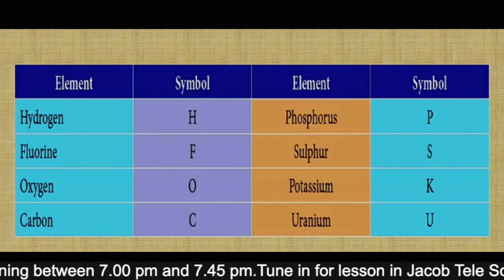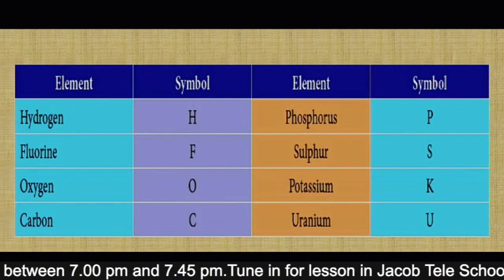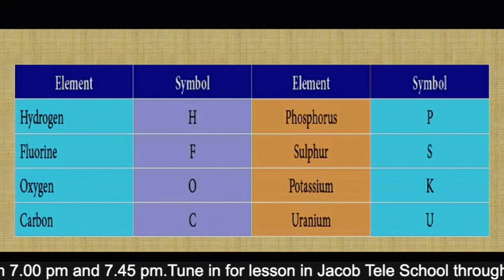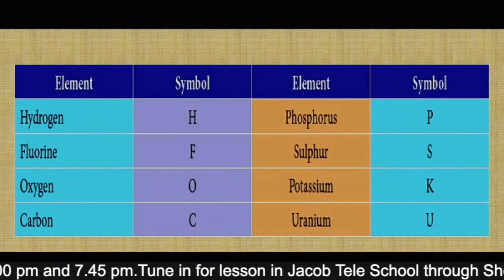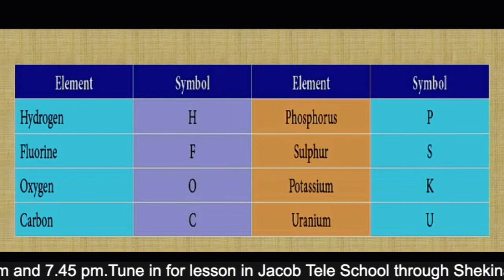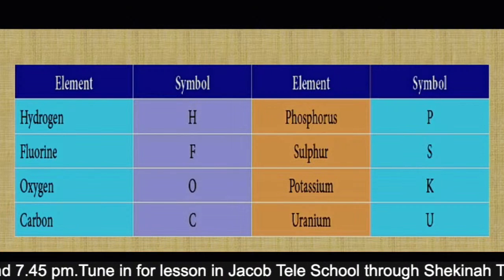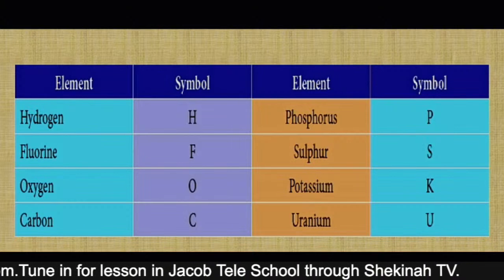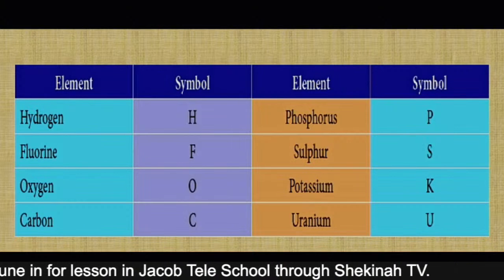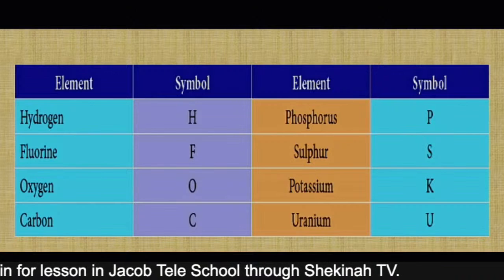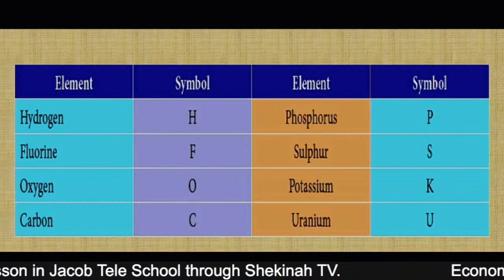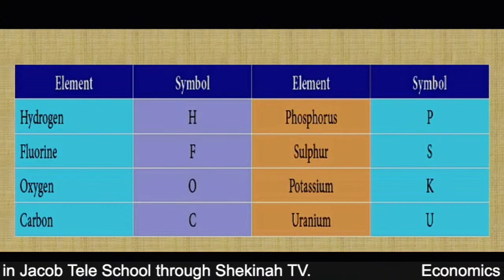The symbol of oxygen is denoted as capital letter O. The symbol of carbon is capital letter C. The symbol of phosphorus is capital letter P. The symbol of sulfur is capital letter S. The symbol of potassium is capital letter K. And the last one, the symbol of uranium is capital letter U.